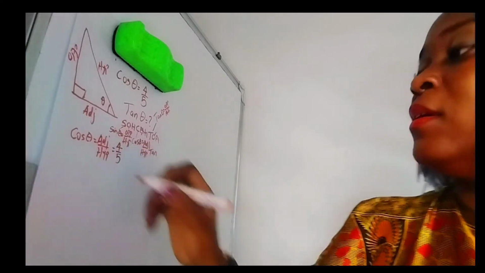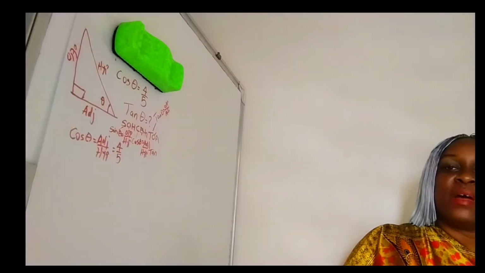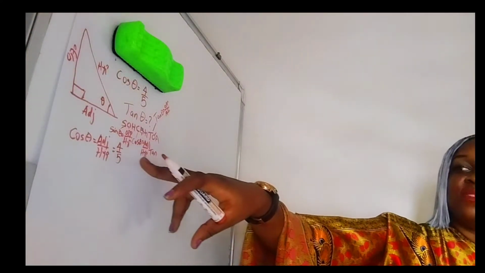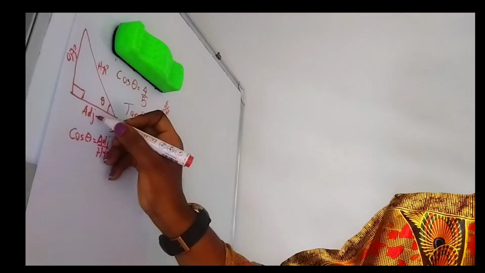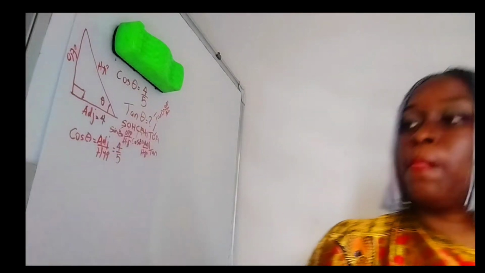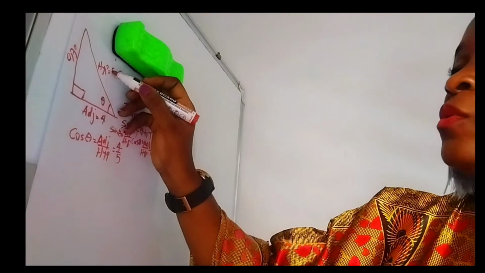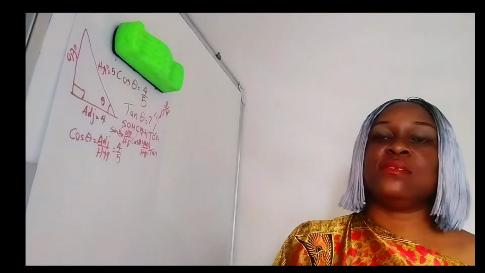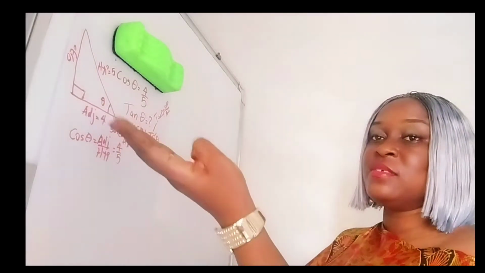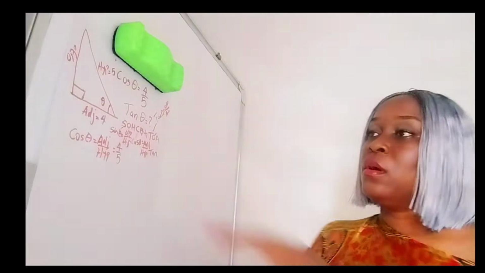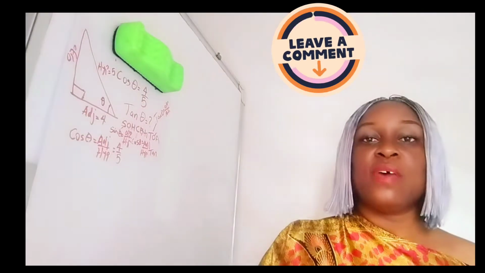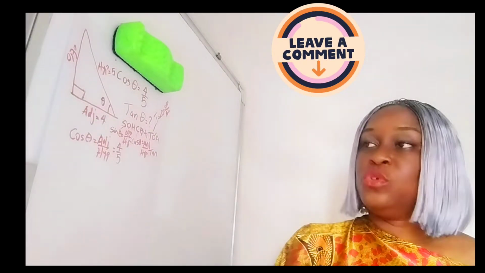That gives us the adjacent side being equal to 4 and the hypotenuse side being equal to 5 units. The length of the adjacent side is 4 units, while the length of the hypotenuse side is 5 units.